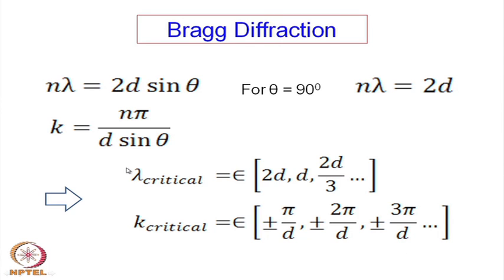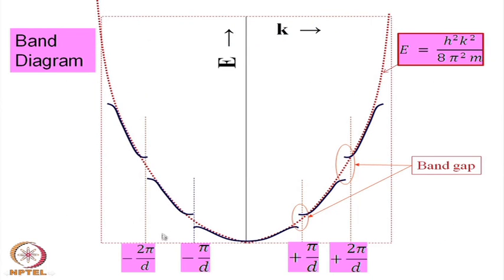At those particular values of k we have this discontinuity, and one can find through some mathematical calculation that there is a slight amount of bend in those discontinuities. These are the critical values of k where there is some amount of discontinuity.